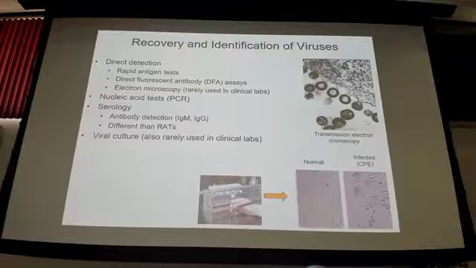What we do rely on for patients with suspected viral infections are rapid antigen tests, and we have a ton of rapid antigen tests for viral illnesses. We've got direct fluorescent antibody tests, DFAs. You need a fluorescent microscope for that too, but it's a really simple, quick test you can do if you suspect a patient has viral illness.